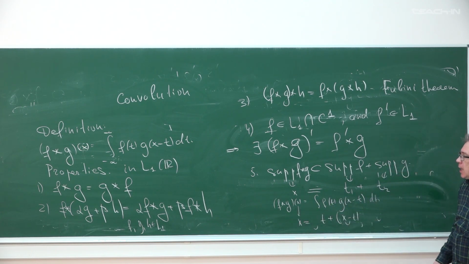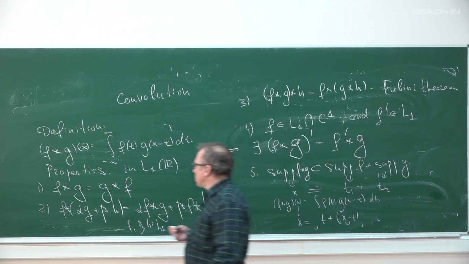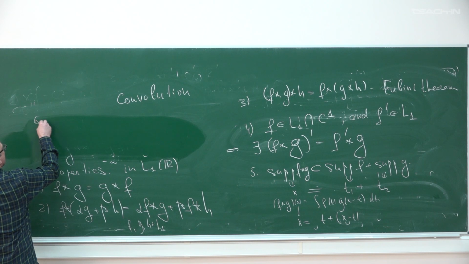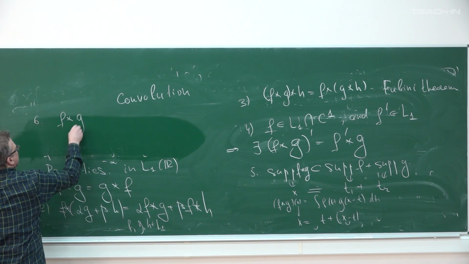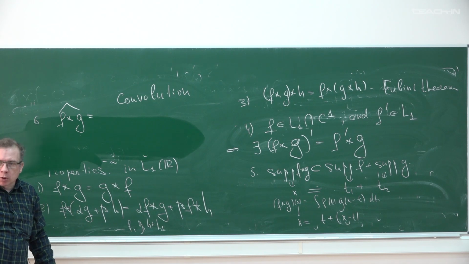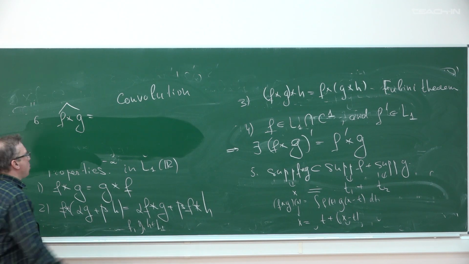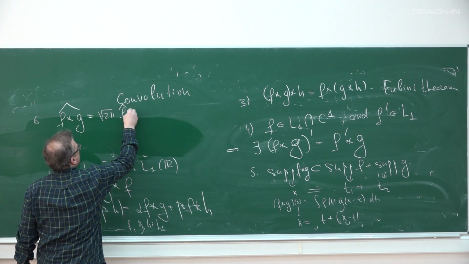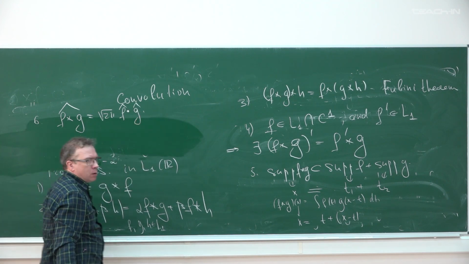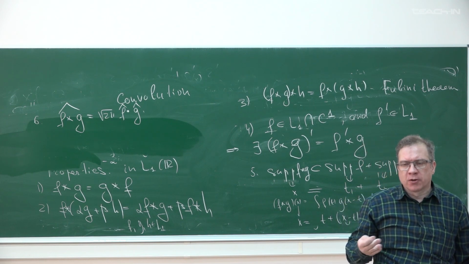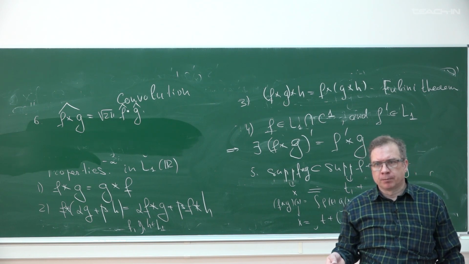So, see. And the important property of convolution: its Fourier transform is a product of Fourier transforms, up to the constant. Up to the constant, in our definition. Multiplication is an easier operation than integration.